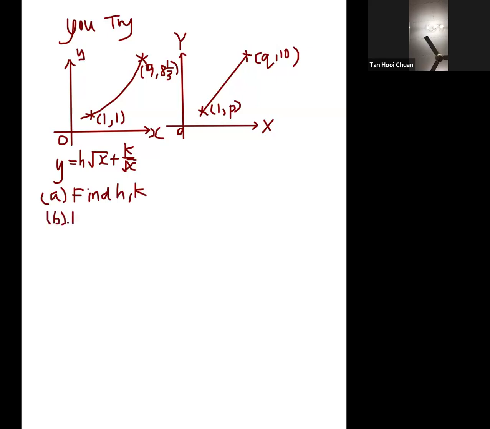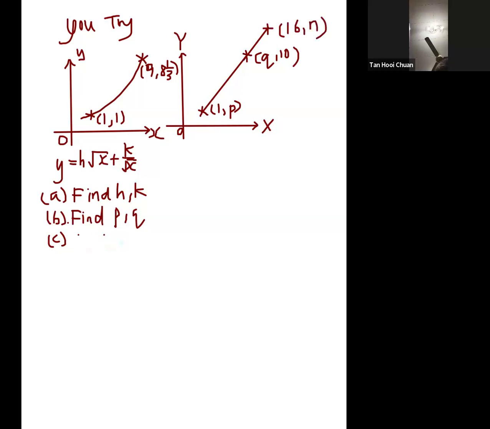B is find P and Q. C is find n. Oh, they say extend until the point. Okay, sorry, this one extends until another point. I forgot to give you another point. Another point is what? (16, n).